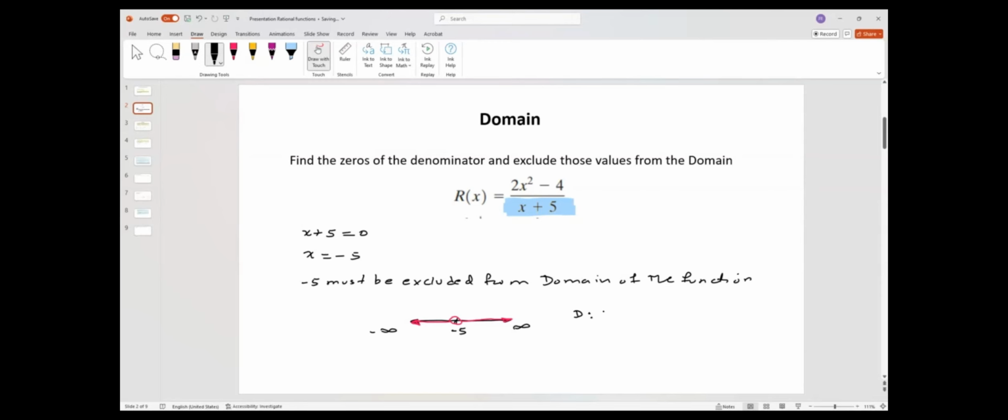So your domain in set-builder notation will be the set of all x such that x is not equal to -5.